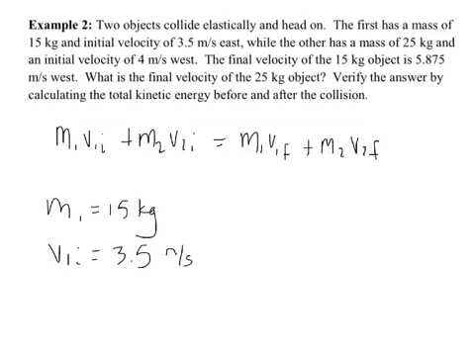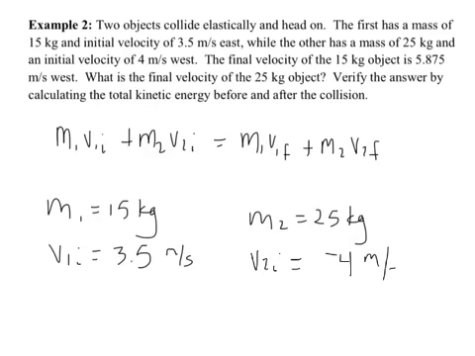And the second has a mass of 25 kilograms and with a velocity of 4 meters per second, but it's west. So we see the opposite signs in our velocities.